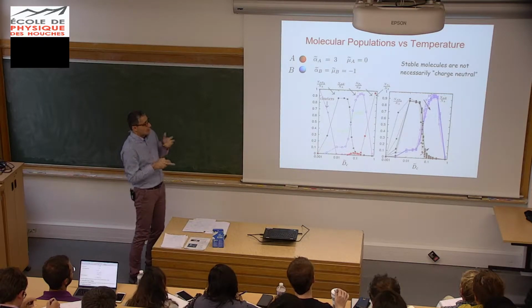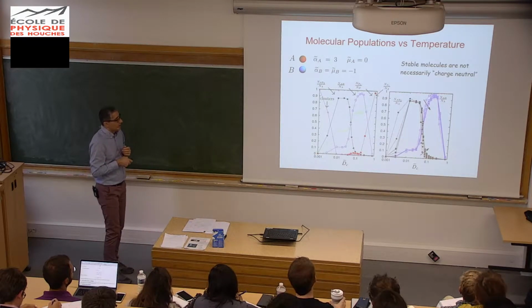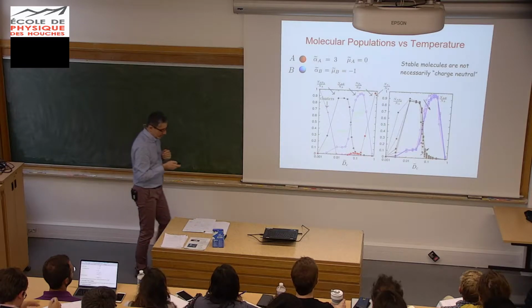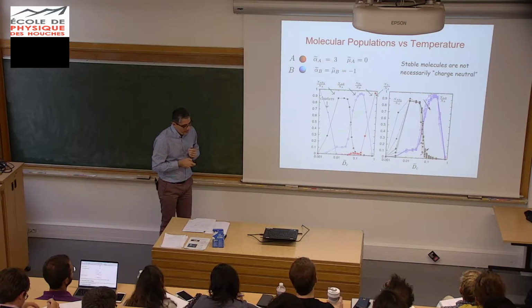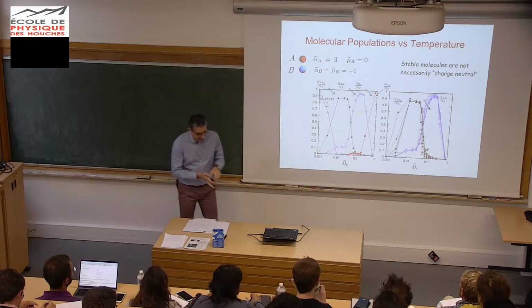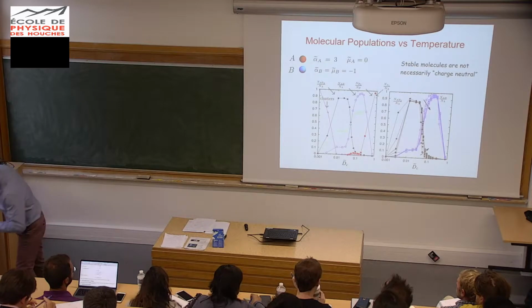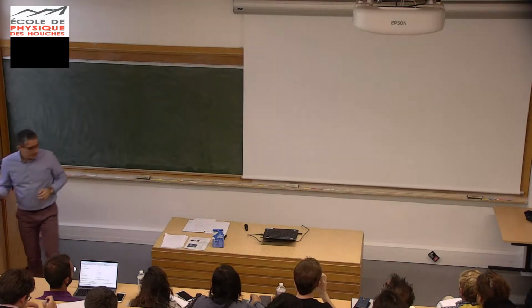So because we have two different species of charges, this will be a complicated system. And before showing you more movies of more different types of behavior, let's look at what is happening here in more detail.